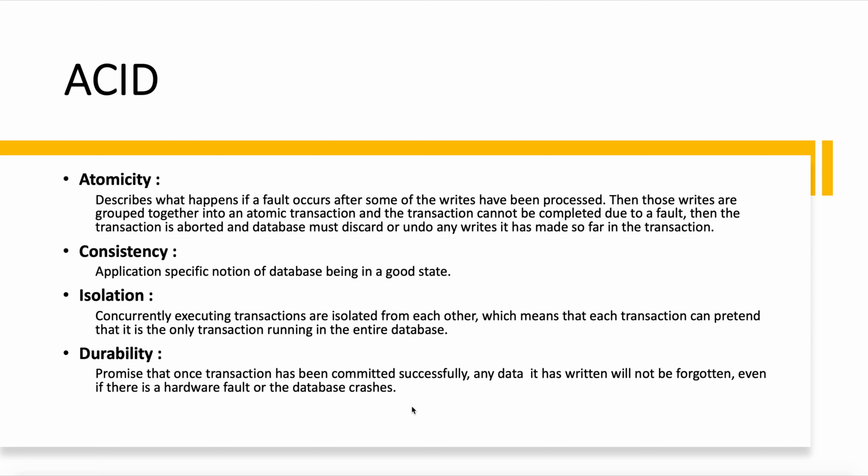If all the writes are grouped together into an atomic transaction and the transaction cannot be completed due to a fault, then the transaction will be aborted and the database must discard or undo any writes it has made so far in the transaction.